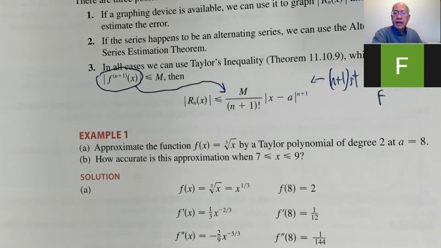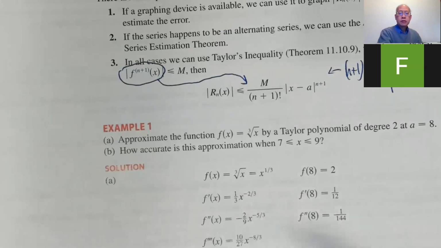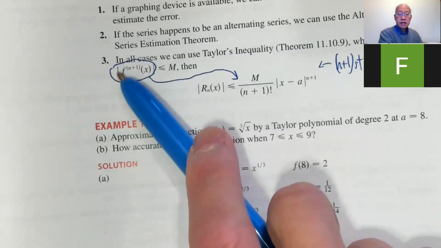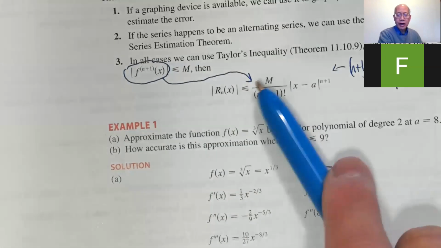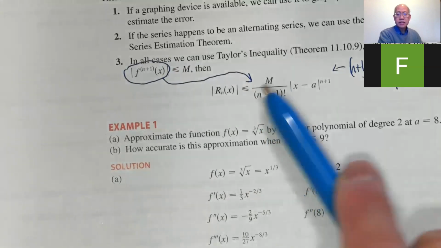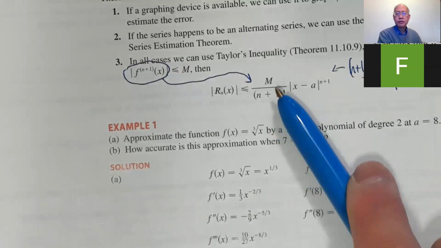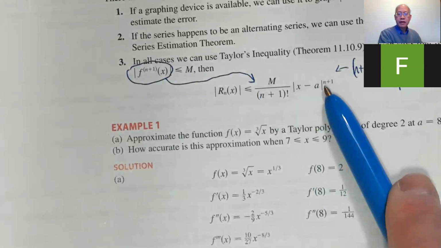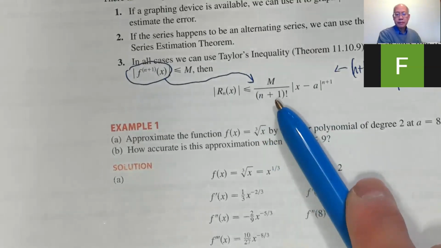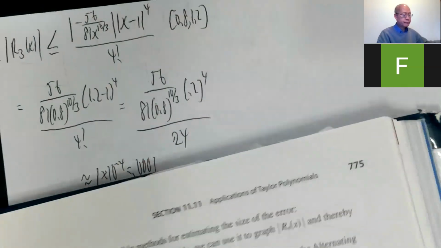You might recall e to the x was not alternating, then you would have to do this thing. So in my analysis, I put this absolute value in place of m, and I try to maximize this quantity: absolute value of f of n plus 1 of x, times absolute value of x minus a to the n plus 1, over n plus 1 factorial. This one doesn't need an absolute value because it's already positive no matter what. So there we go.